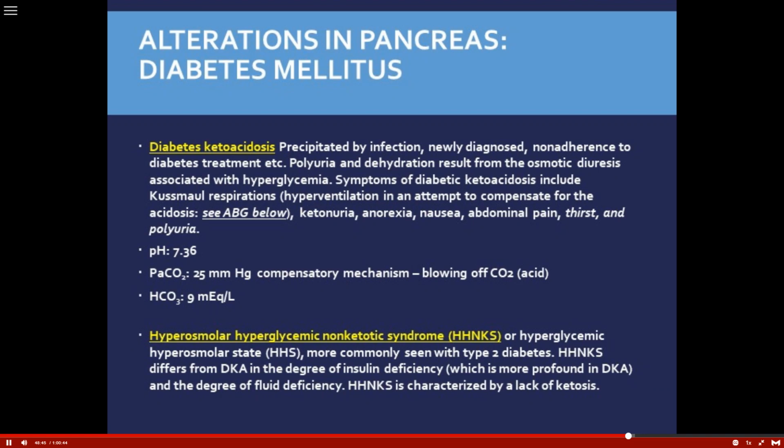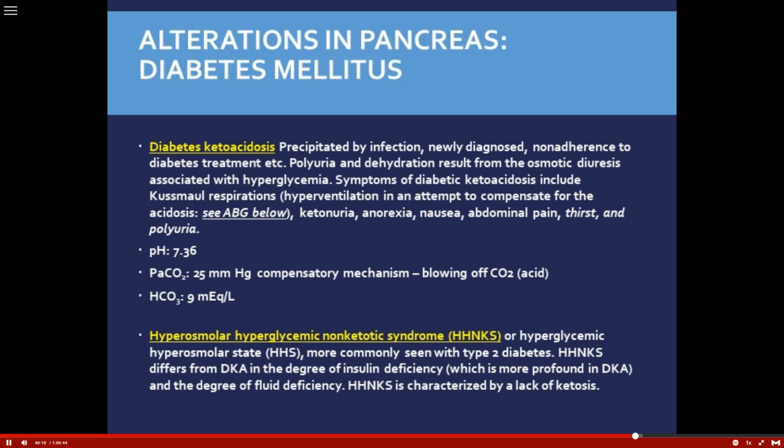There used to be a very high rate of mortality with this because it was mainly with our older population, but we know now, with the epidemic of obesity, that young people can also have type 2. Still, with our older population there is a high mortality rate because of the coexistence of other diseases, of course. But with this, you don't see that profound insulin deficiency, and therefore you don't see the ketosis.